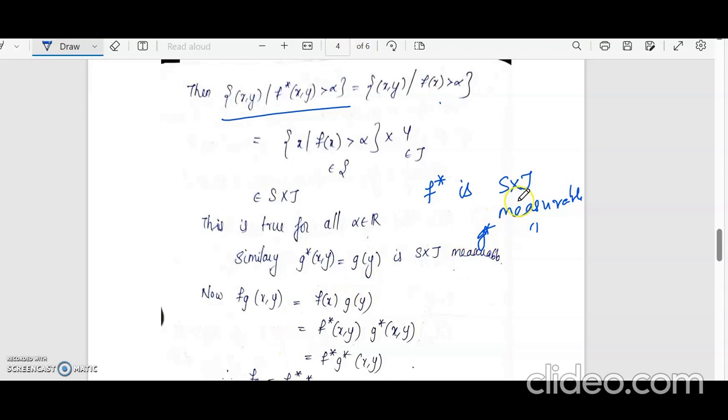On any measurable space, we have two S cross J measurable functions, f star and g star. We know by the property of measurable functions that the product of two measurable functions is measurable. So on S cross J, f star and g star are measurable, so their product must also be measurable.